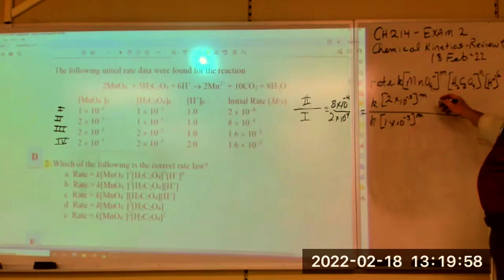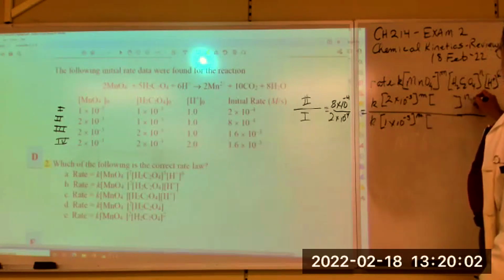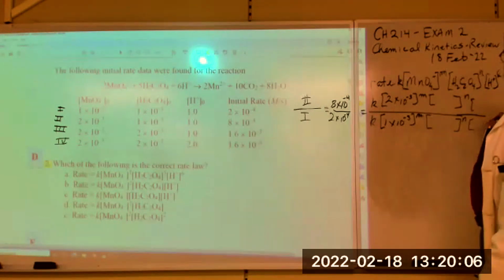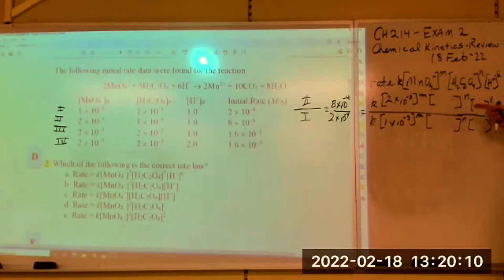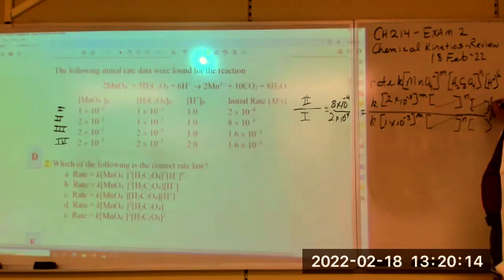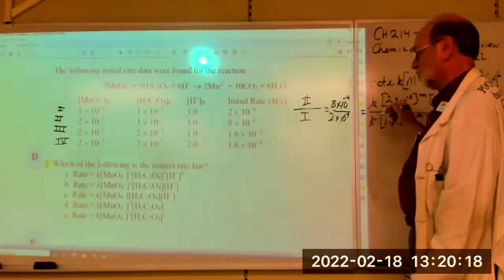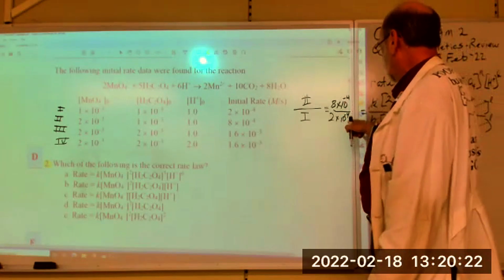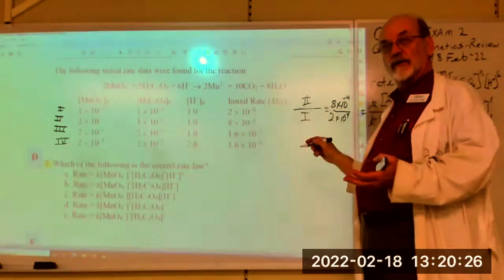The others are going to be the same values, so they cancel. So they're gone. So now we have 8 times 10 to the minus 4, divided by 2 times 10 to the minus 4, which is 4.